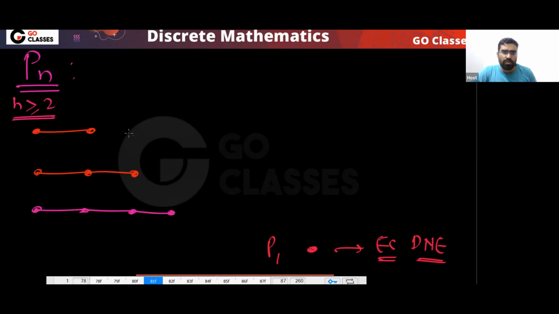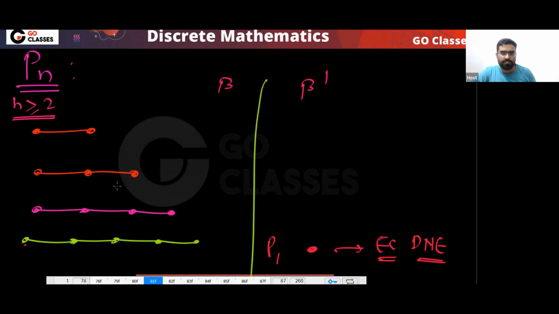Now tell me, what will be beta and what will be beta dash for these graphs? So for this graph, what will be beta, the vertex cover? One is enough.